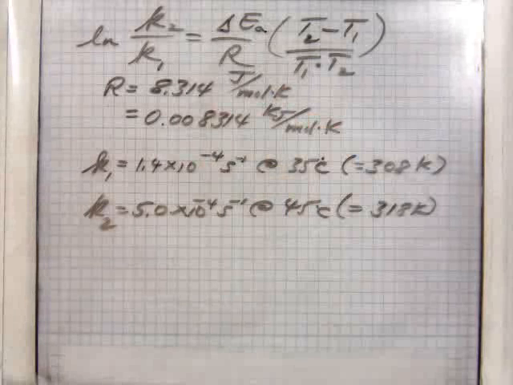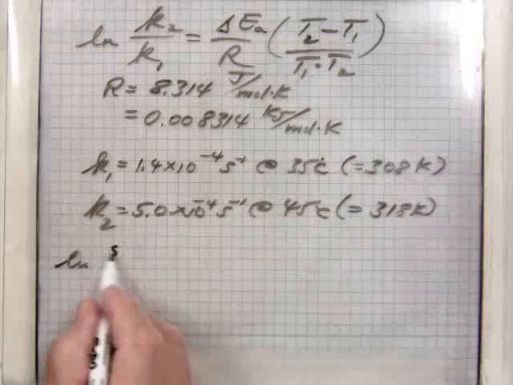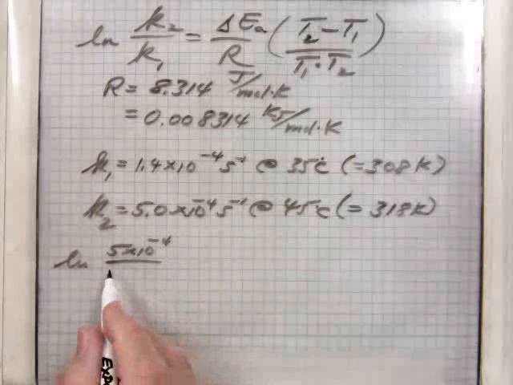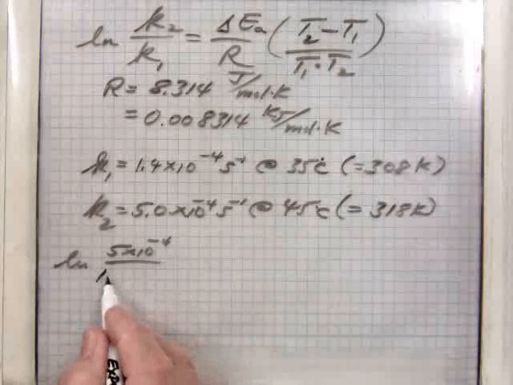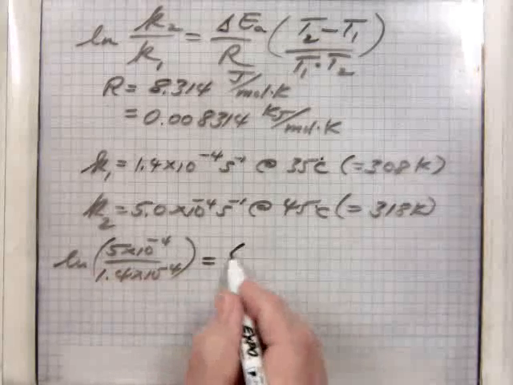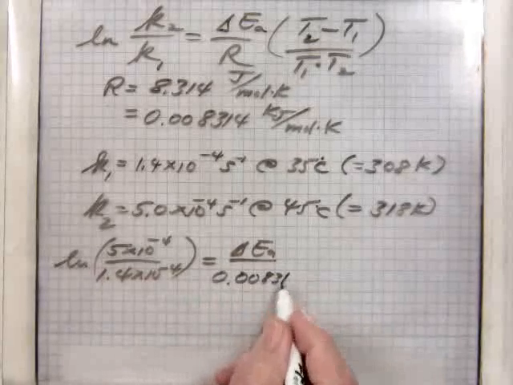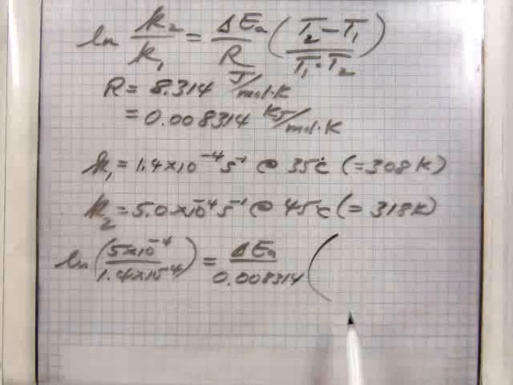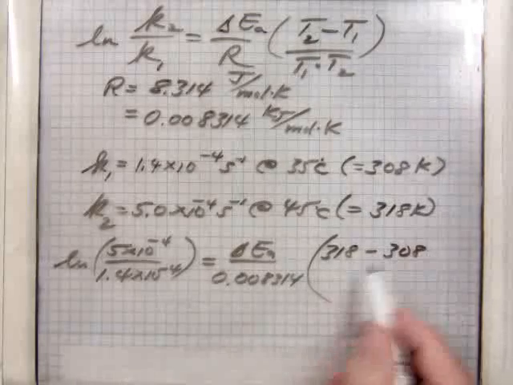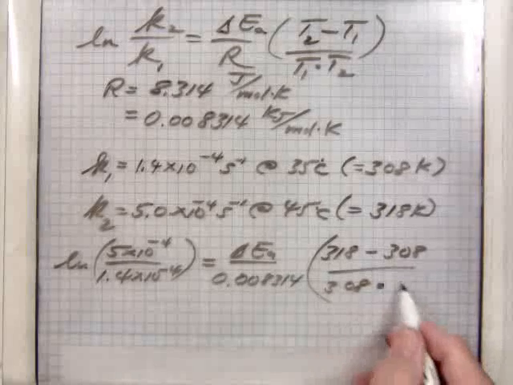The activation energy goes in there. So what we're looking at is ln of K2, which is 5 times 10 to the minus 4 per second, which will cancel with the seconds in K1, 1.4 times 10 to the minus 4. And that's equal to delta E activation over 0.008314, times T2 minus T1, 318 minus 308, divided by 308 times 318.